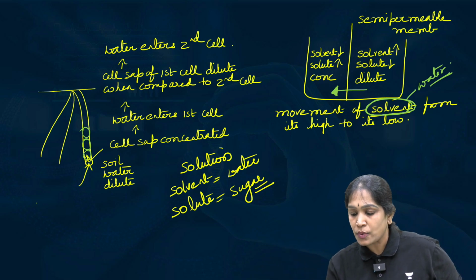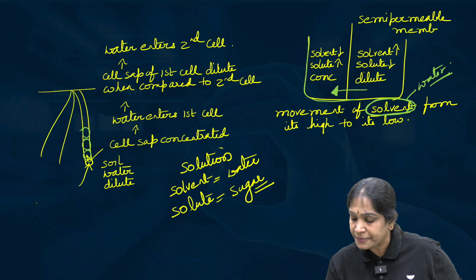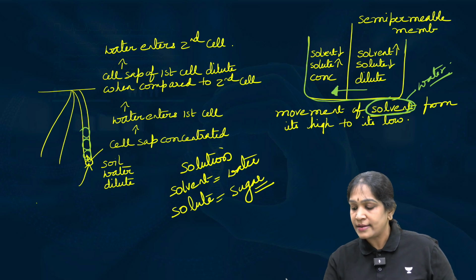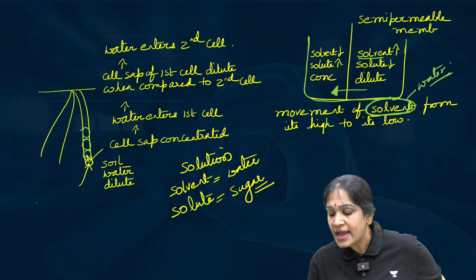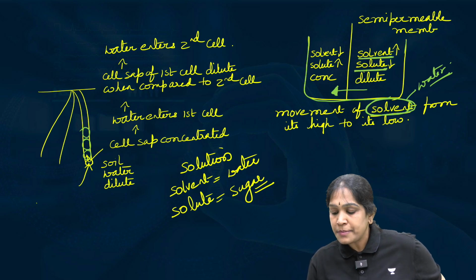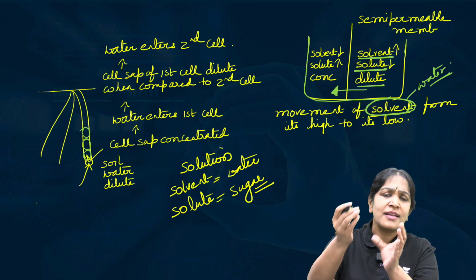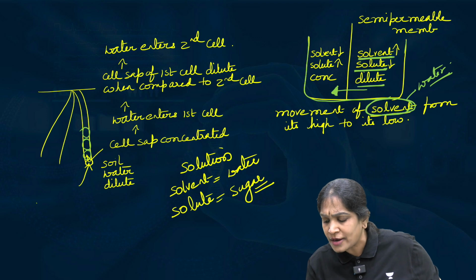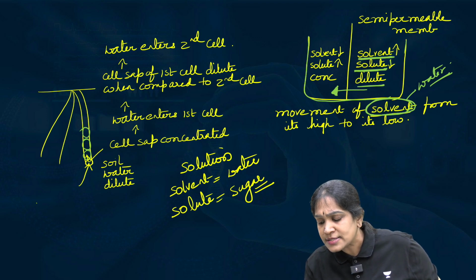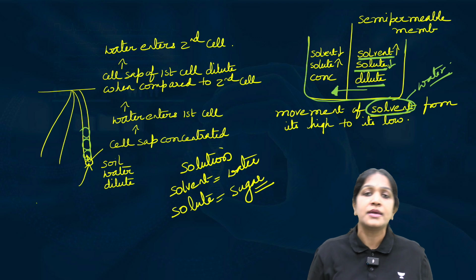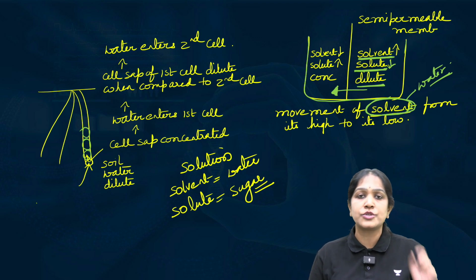Let us suppose this is a container. In this compartment there is more solvent and less solute, which means this is a dilute solution. More water, little sugar; less solute means a dilute solution of sugar.